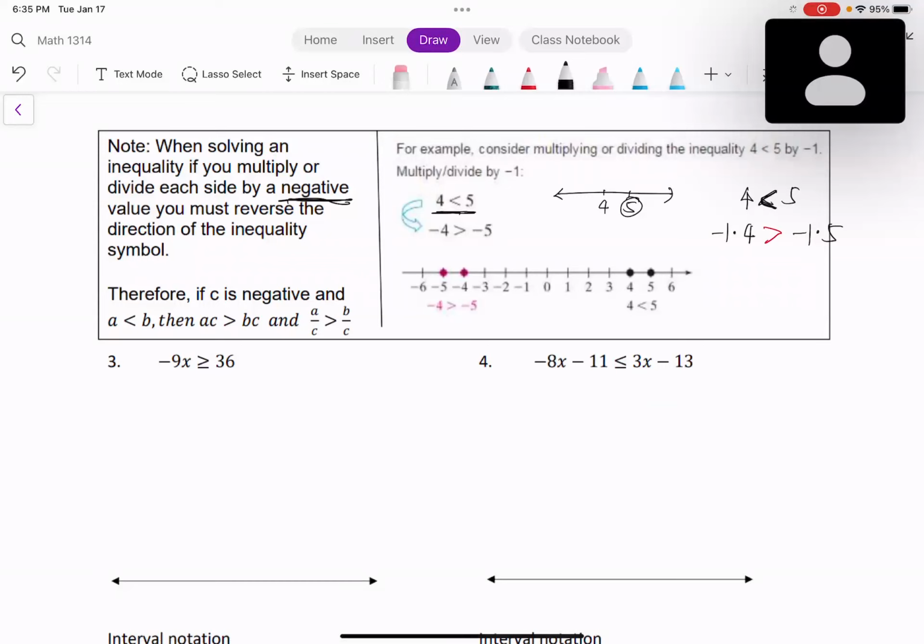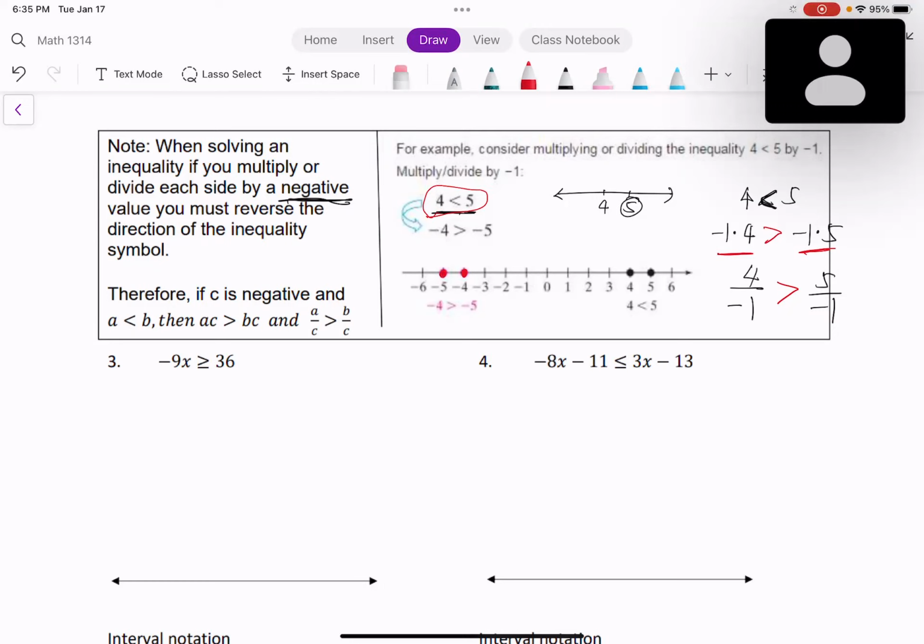If 4 divided by -1 and 5 divided by -1, I still need to flip the symbol or reverse the symbol to greater than. So let's prove that. We know that 4 is less than 5. It is true. So how about -4 and -5? -4 is here, -5 is here.